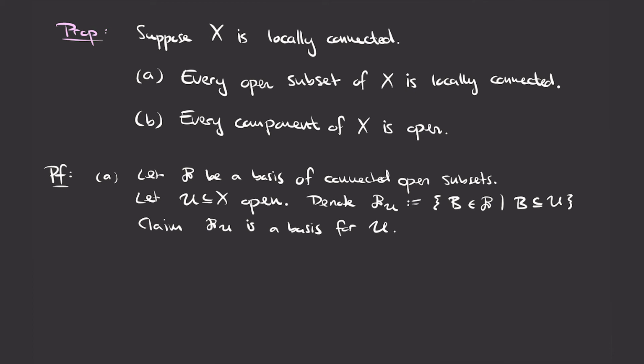So all we have to show is that B sub U is indeed a basis for U. So we suppose that V is some subset of U which is open. In order to show that B sub U is a basis, we have to be able to express V as a union of basis elements. Since the original basis B is a basis, we know that we can express V as a union of elements in B.